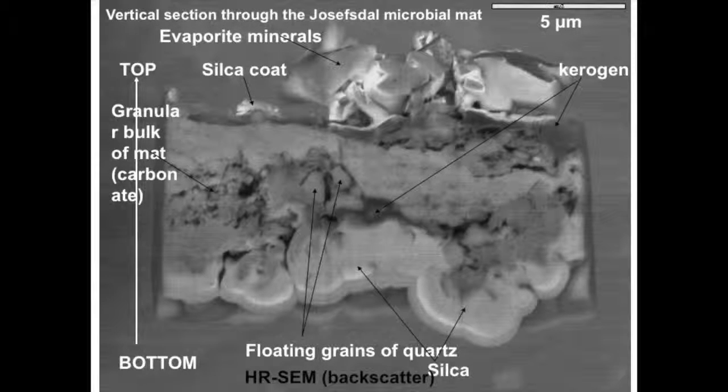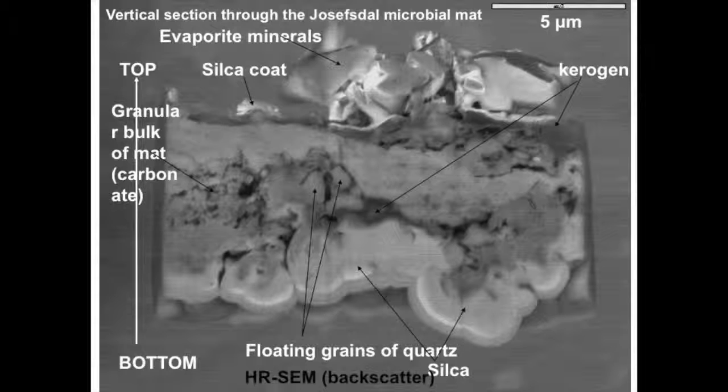So we have the top layer of kerogen here, and you'll notice that the bulk of this feature is light grey granular, and it's actually carbonate. It's aragonite, and I'll go into more details there. And finally, right in the middle, there are some tiny floating grains of quartz. Remember, these features are sticky.